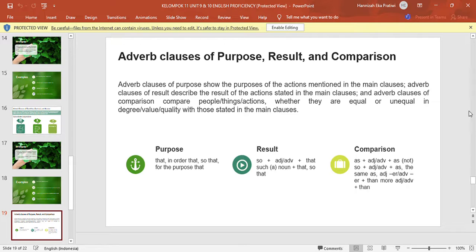For the comparison, you can add as plus adjective or adverb plus as, or not so plus adjective or adverb, and adding as to; the same as; adjective or adverb, and plus then, more adjective or adverb than.